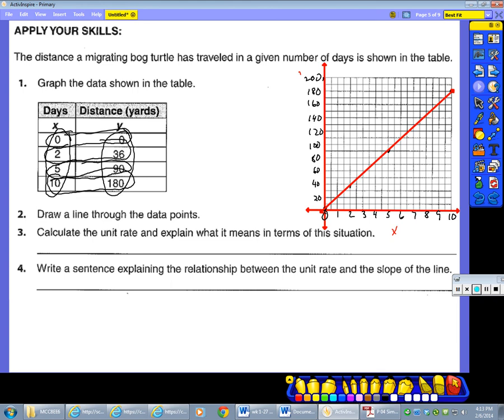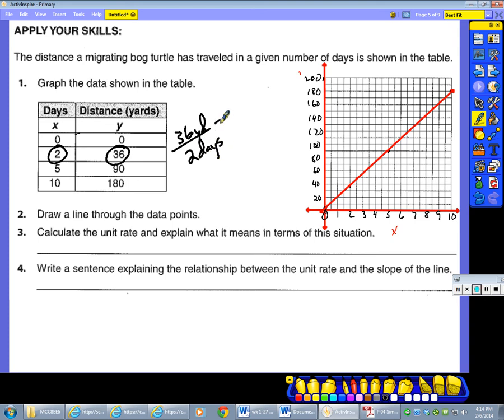Okay, so in this case, I'm going to look to see what my unit rate is. And in order to do that, I know that 36 yards is going to be traveled in 2 days. Okay? My unit rate is going to be how far they're going to travel in 1 day. So you see, to get from 2 to 1, I just divided.